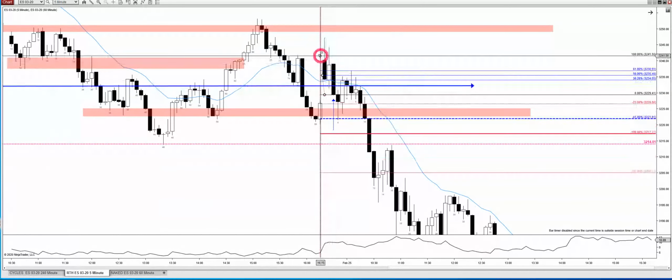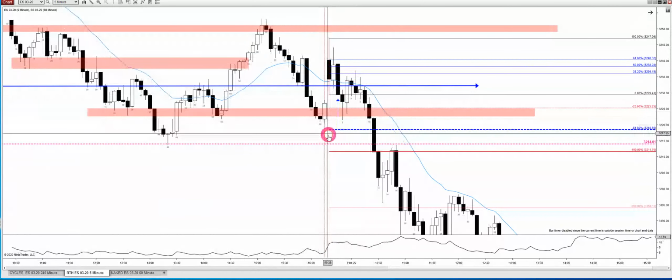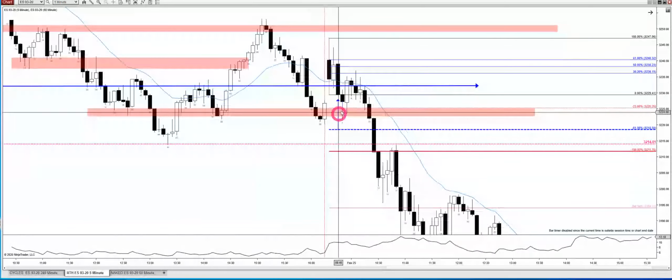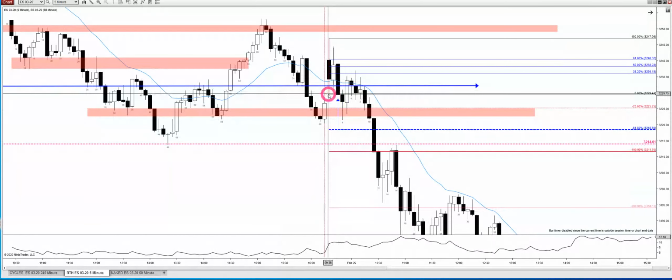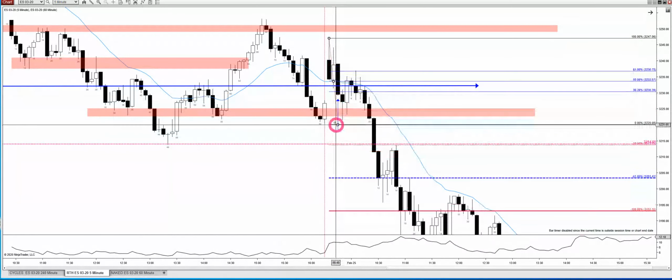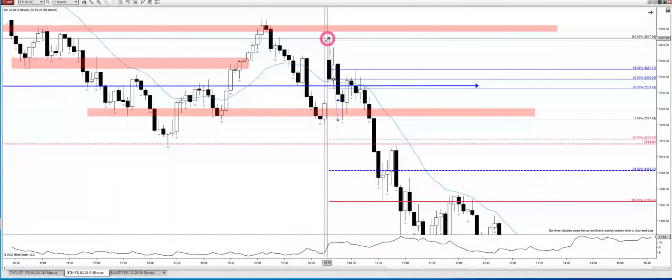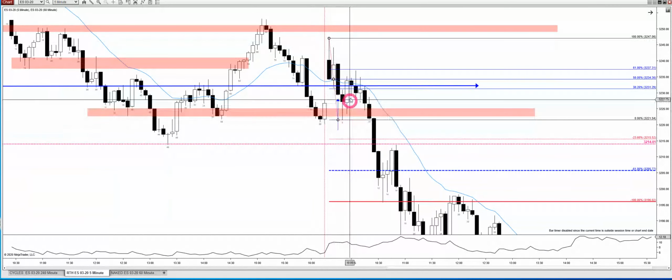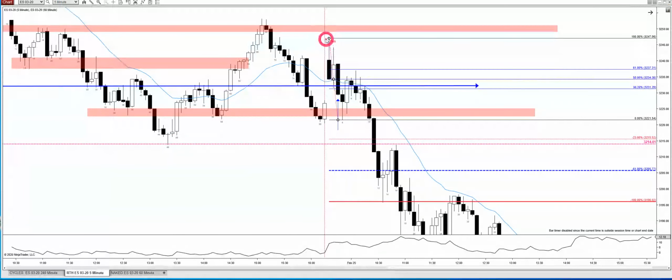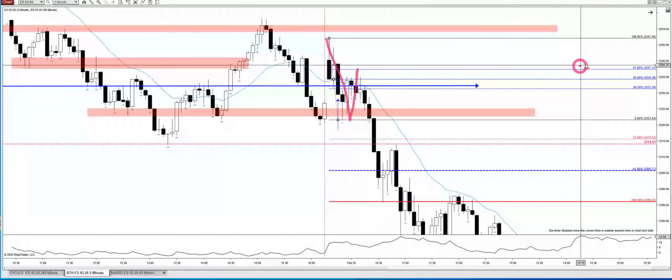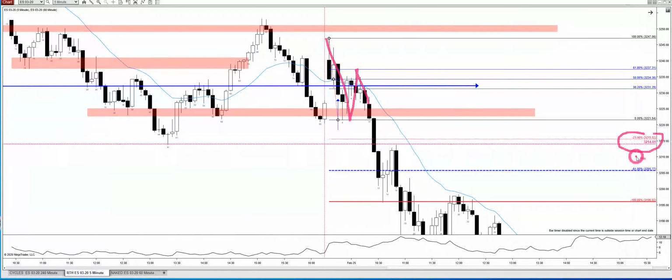This time I'm going to measure from here to here, all right, so from this move, this swing, and then the price goes back up to where, look where it went up. All right, so if you measured from this to this, price goes up to where? 61.8 golden ratio, and immediately comes back down. Your first target is actually sitting at right here, 32.15.